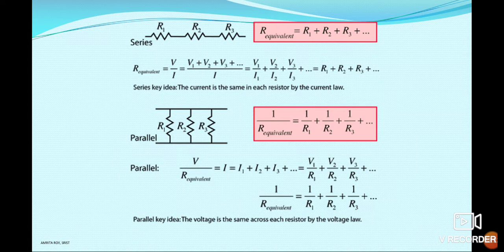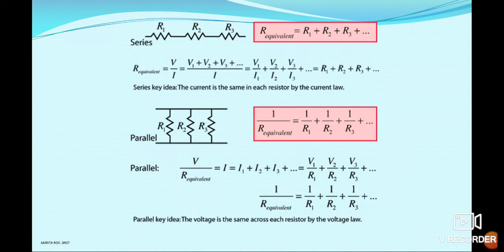Similarly, for the parallel circuit, we can see the R equivalent is given as 1 by R equivalent equals 1 by R1 plus 1 by R2 plus 1 by R3. Now the calculation: V by R equivalent equals I, which equals I1 plus I2 plus I3.